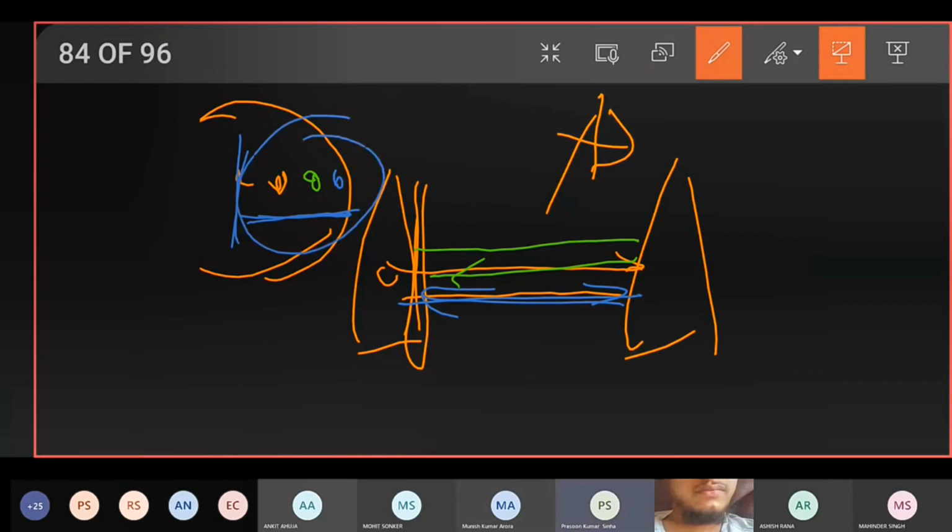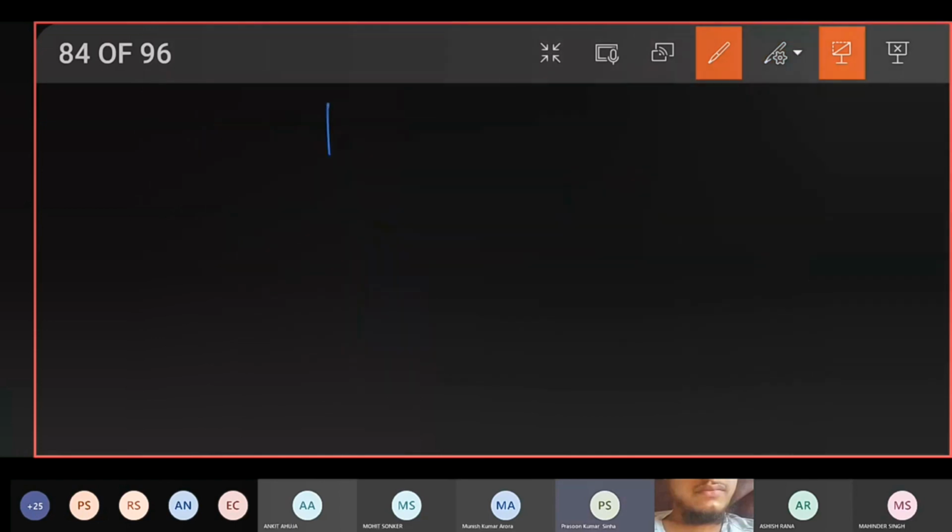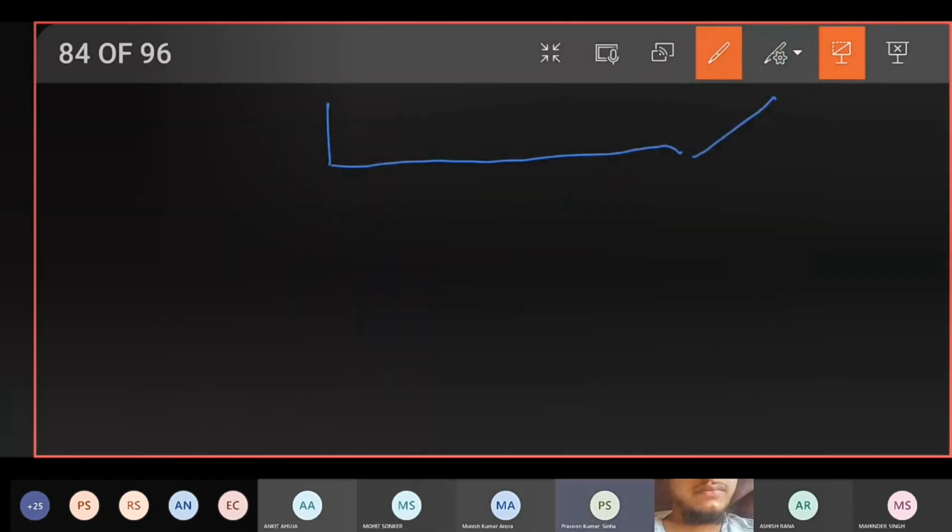The same thing happens in case of echo sounder also. But this will happen when you have selected the wrong range. Supposing the depth is 25 meters and you have selected a range which is 100 meters.